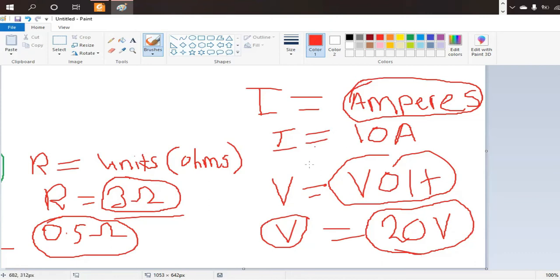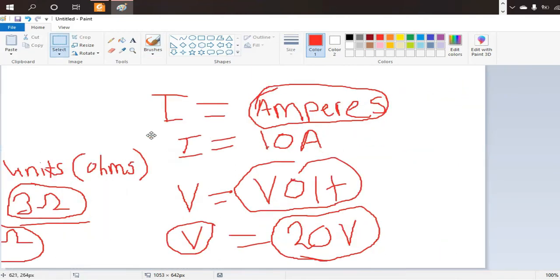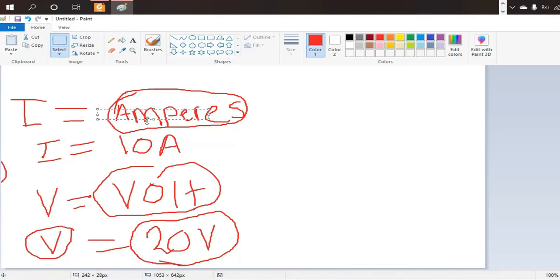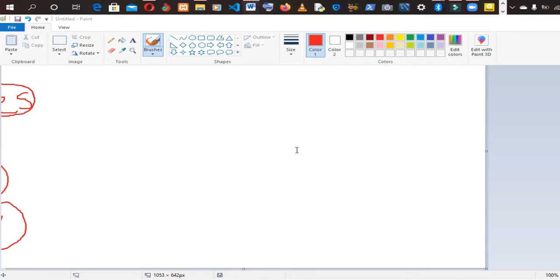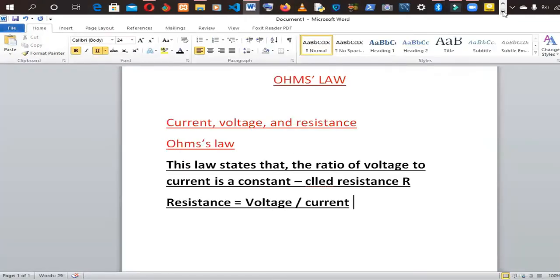After now we know the symbols and the units for the resistance, the current, and the voltage, we can move on to an example. Let's say we can have something like this.